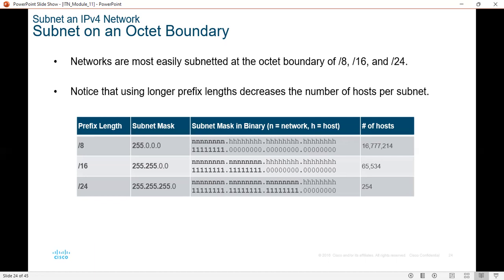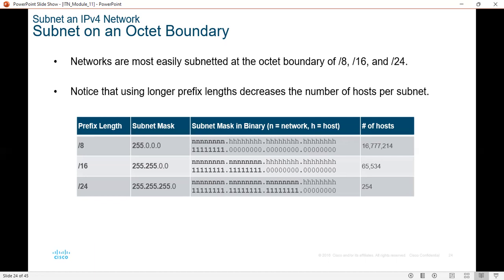That means I can have 2 raised to power 8 networks in that subnet, and I can have 2 raised to power 24 hosts from this /8. The same thing with /16, 2 raised to power 16.